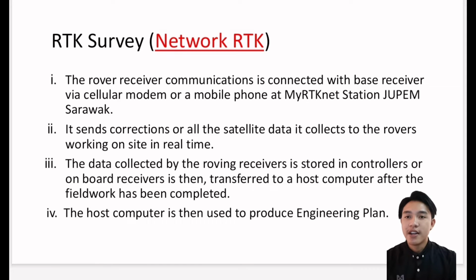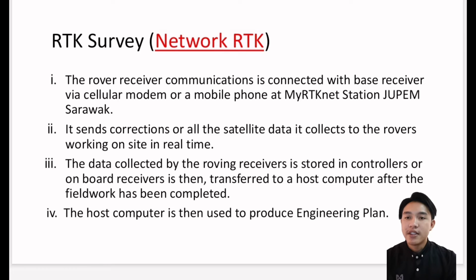So next, RTK survey for network RTK. First, the rover receiver communication is connected with the receiver via cellular modem or a mobile phone at MyRTKnet Station, JUPEM Sarawak. It sends correction or all the satellite data it collects to the rover working on site in real time.